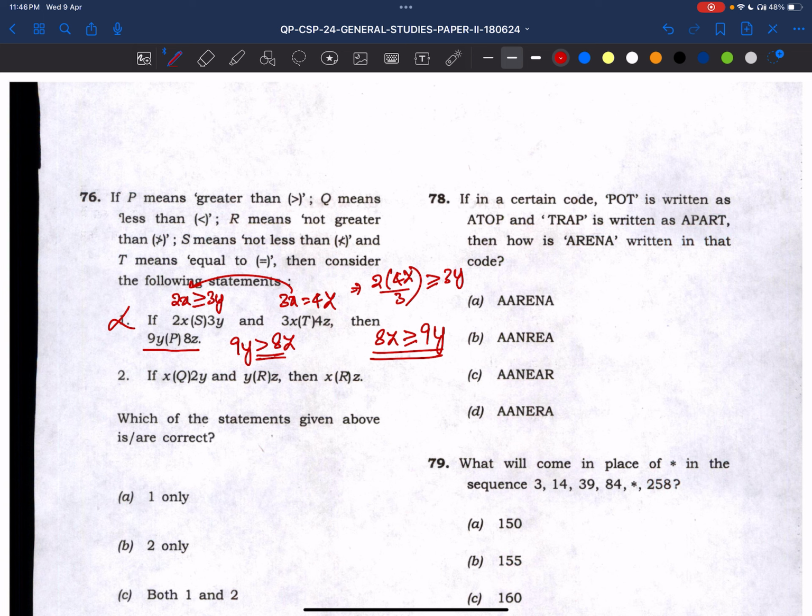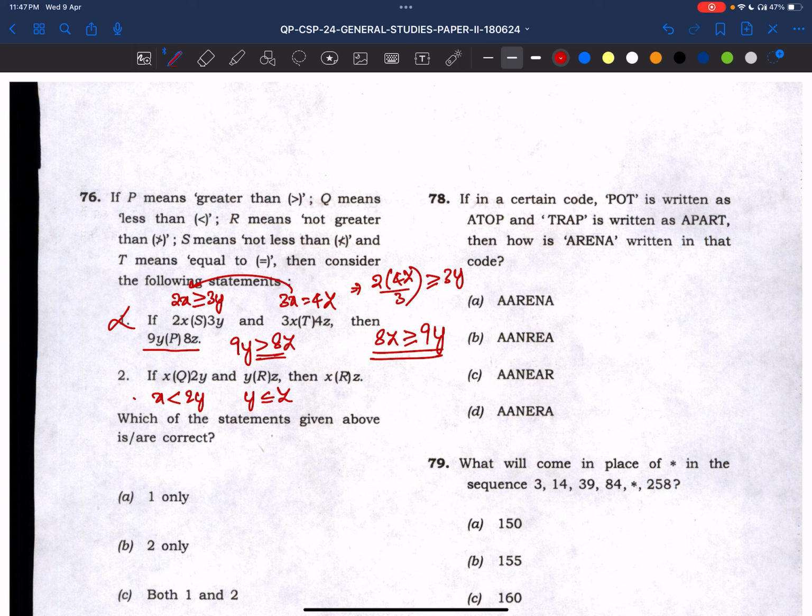Now see, x Q 2y. Q means what? Less than. So, x perfectly less than 2y. Right? Now again, y R z. R means what? Not greater than. So, y less than or equal to z. Right? So, how can we write here?